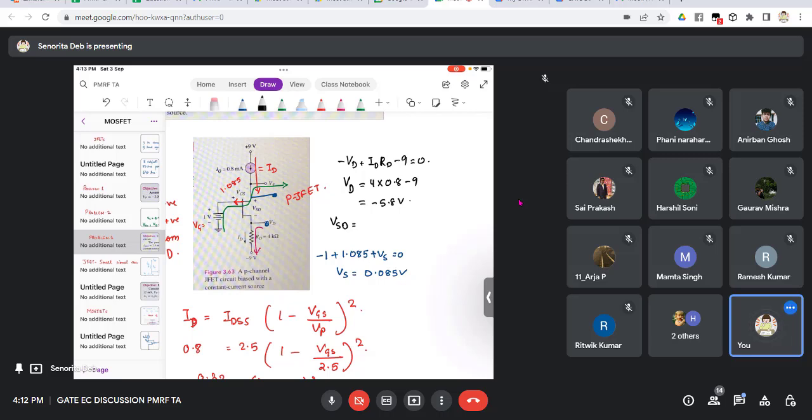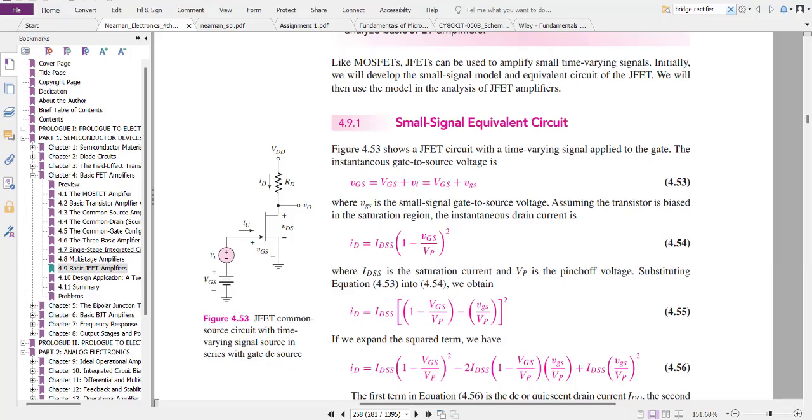I think that should be positive. According to here, it is coming to be 0.085 minus of minus 5.8. So let me just check the answer quickly. What is the answer here?